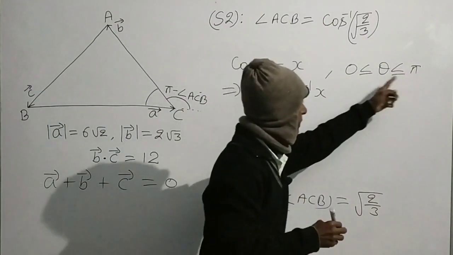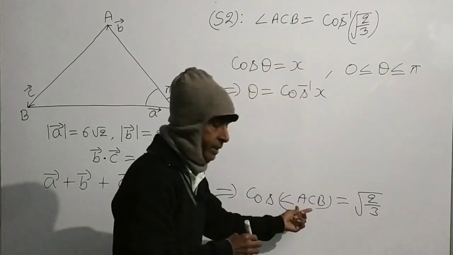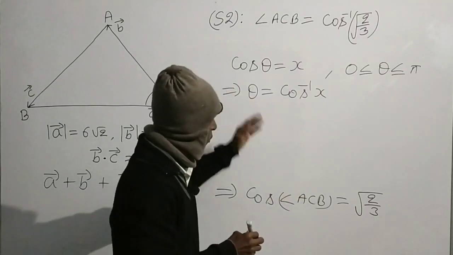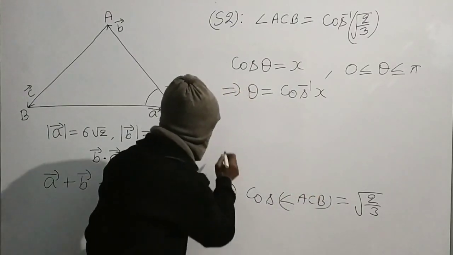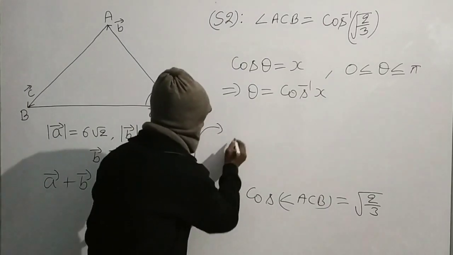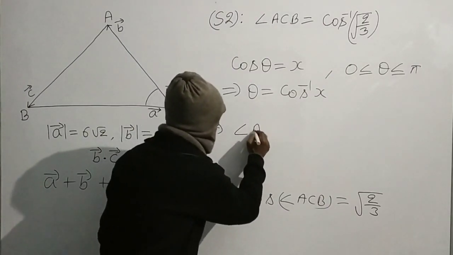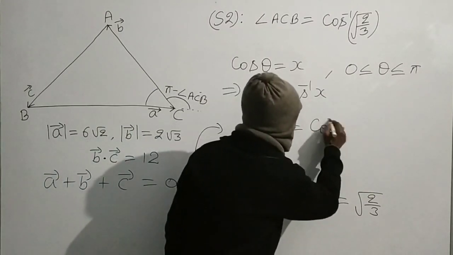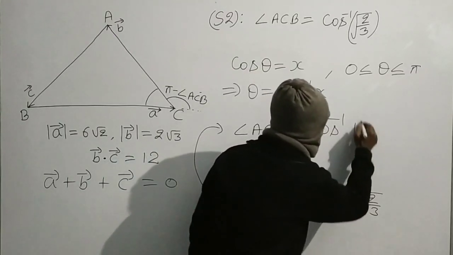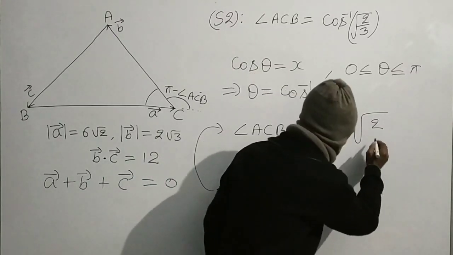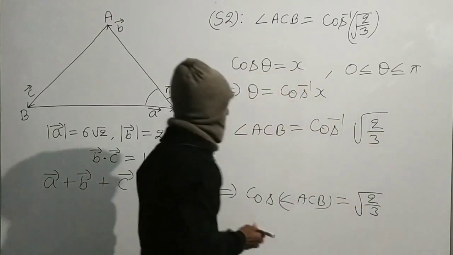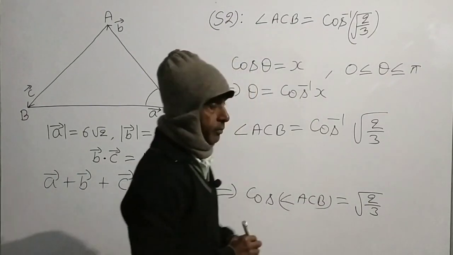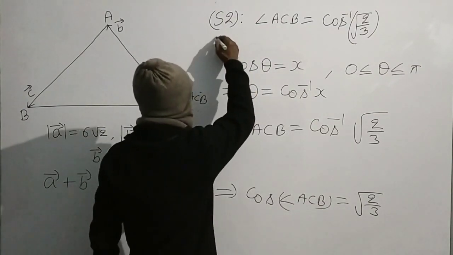That means this condition is already satisfied by this angle. Therefore, by applying this formula, we can write that angle ACB is equal to cos inverse root under 2 by 3, and this is the statement 2. Therefore, statement 2 is correct.